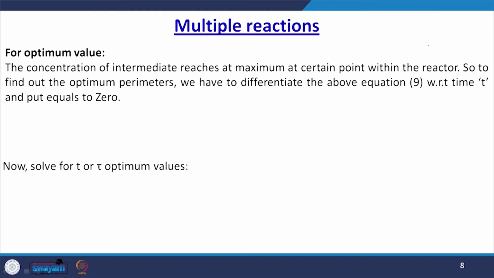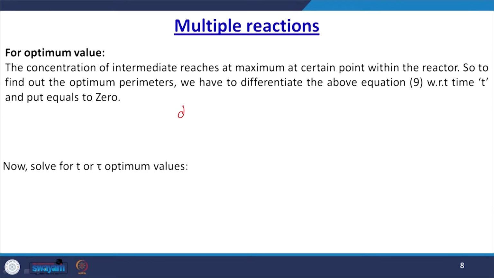Sometimes we are looking for the optimum value. When we talk about the optimum value, the concentration of the intermediate reaches its maximum at a certain point within the reactor. So, to find the optimum parameters, we have to differentiate equation number 9 with respect to time and put it equal to 0.